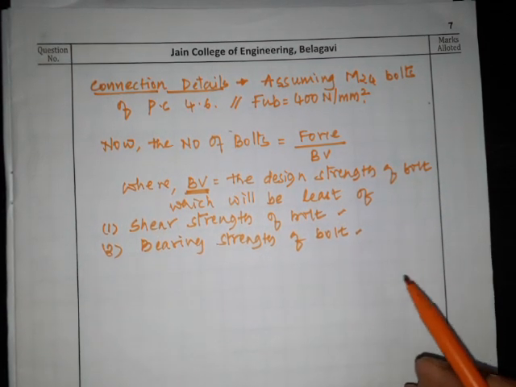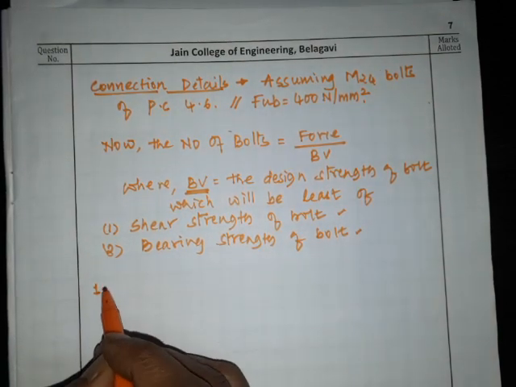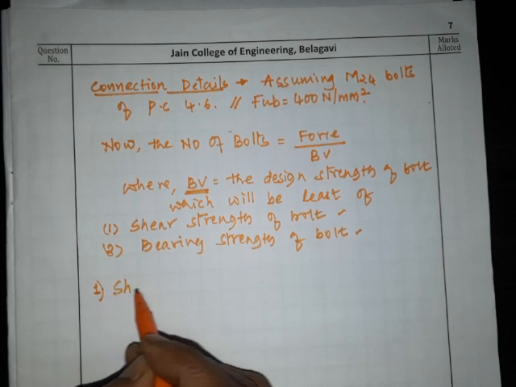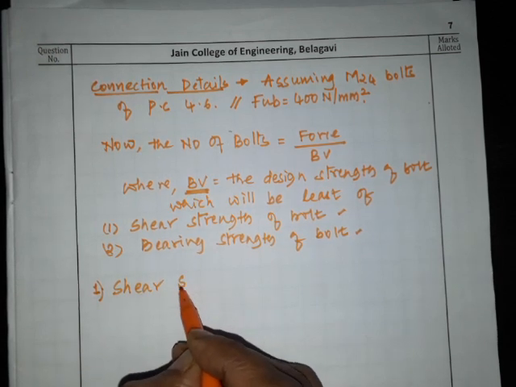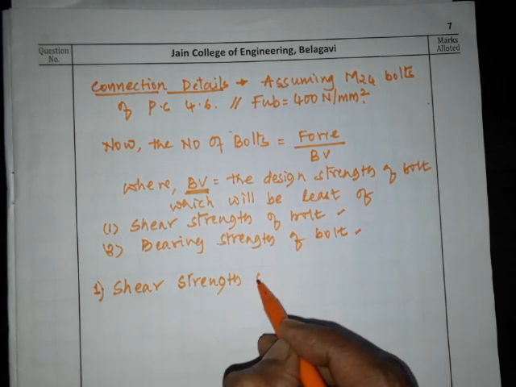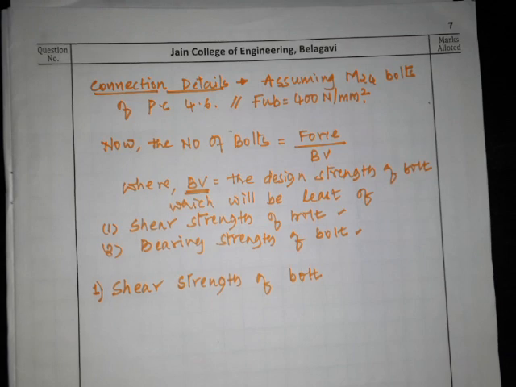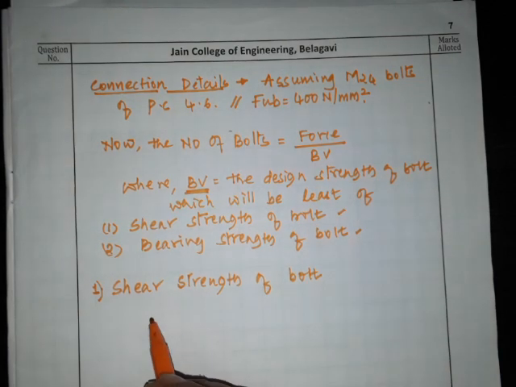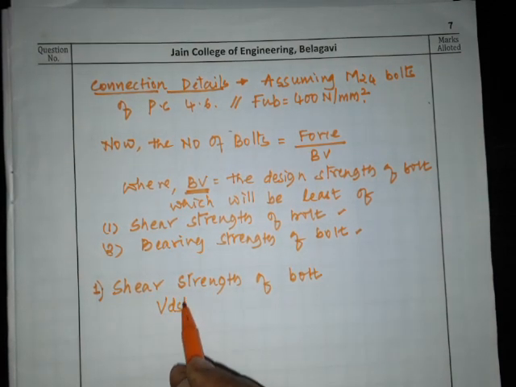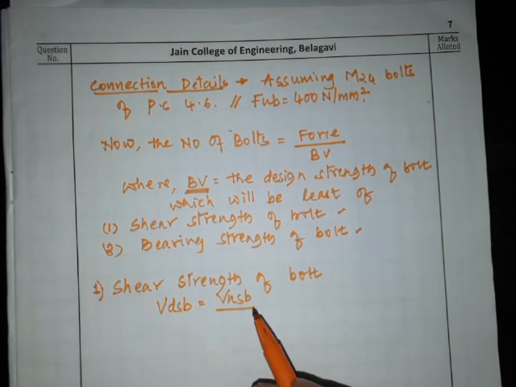The first one is the shear strength of bolt, which is given by VDSB equal to VNSB upon gamma MB.